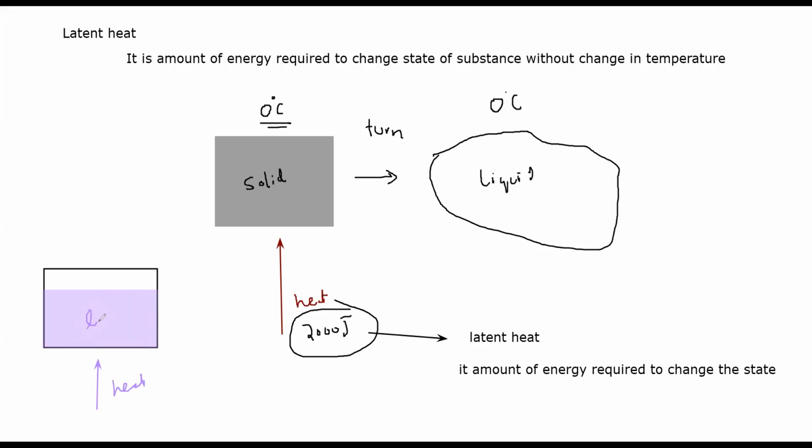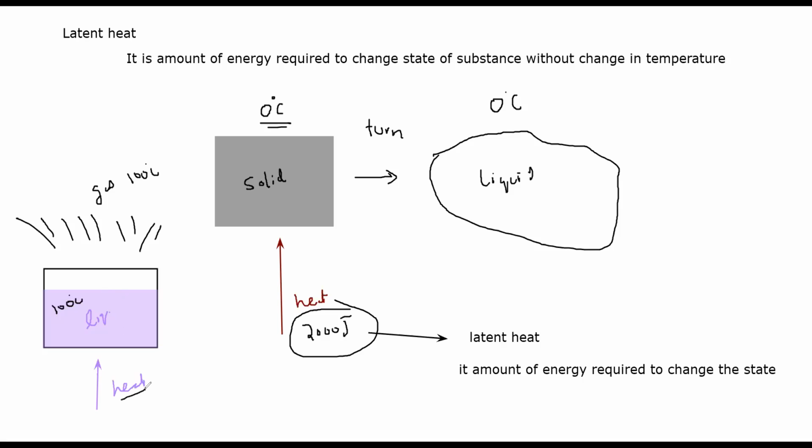So the substance is there in a liquid state, and when you are supplying the heat energy, it is changing into gas or vapors. Example, if the temperature of this liquid was 100 and the temperature at which the gas is formed will also be 100.